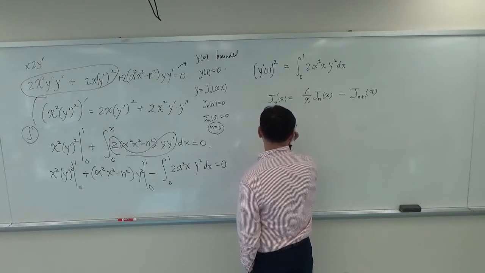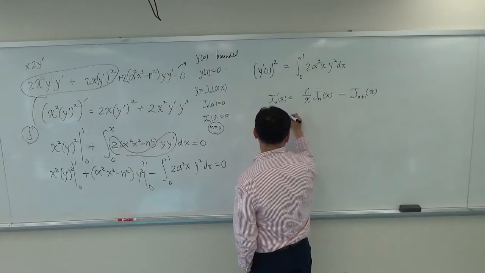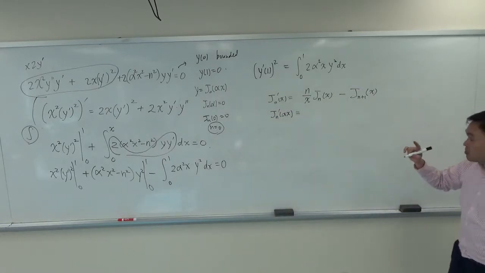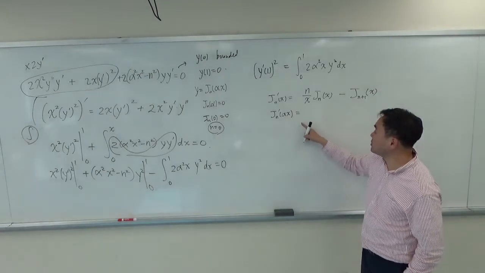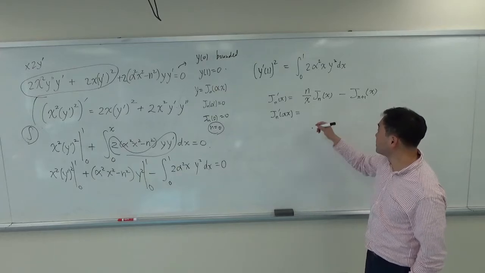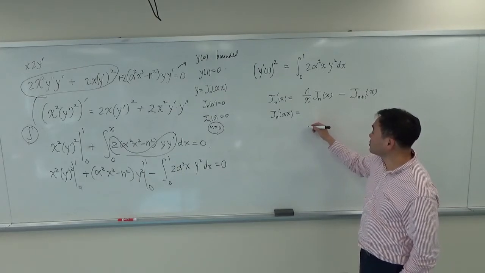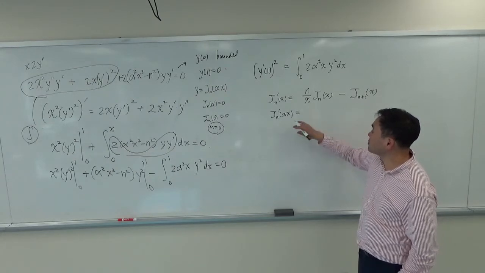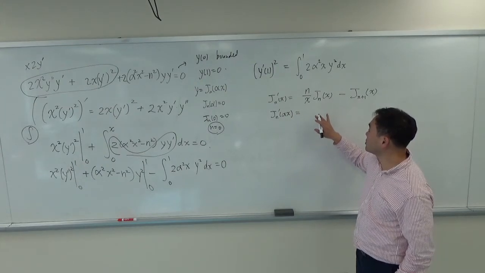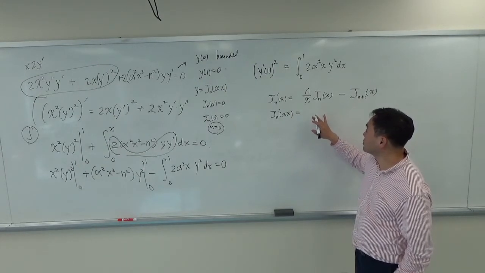So if I put alpha there, you have to be careful because you have alpha. This is going to produce an extra alpha when you differentiate.